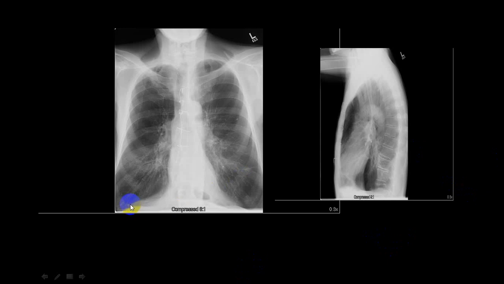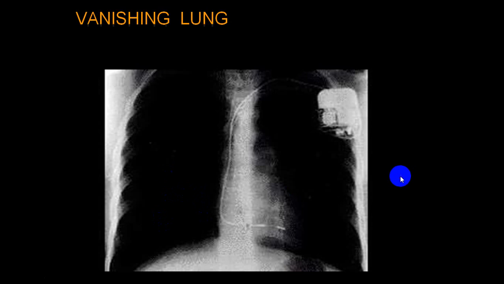Now again, if you look here, both domes of diaphragm identical, pushed down. Emphysema, hyperinflation. You cannot identify very clearly what is there in the lung tissue. This is called vanishing lung.